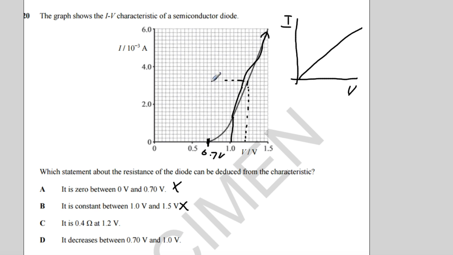Let's read up here and across, and well, it's tempting to do that, but this of course is measuring the current, so that one's not true. So that only leaves answer D, which is saying that the resistance decreases, and because the gradient is increasing, we know that the resistance must be decreasing. So our answer here is answer D.